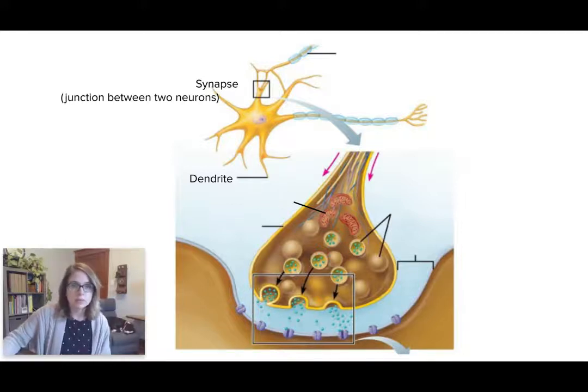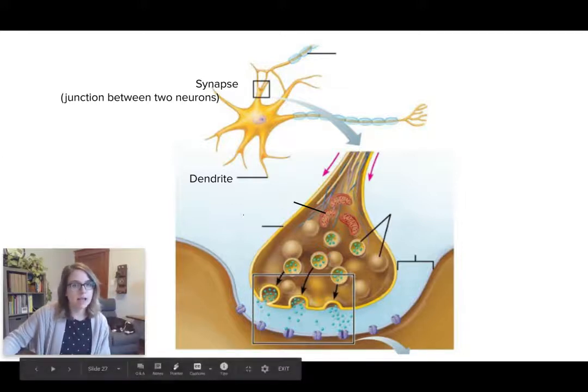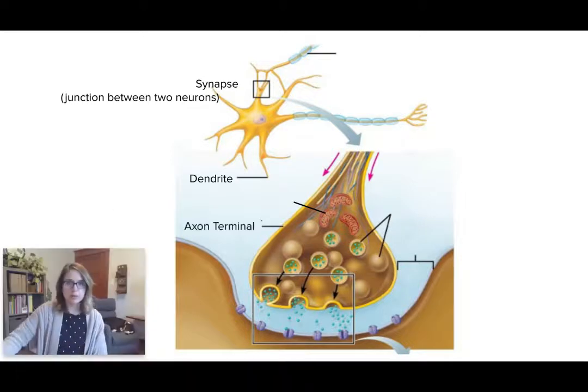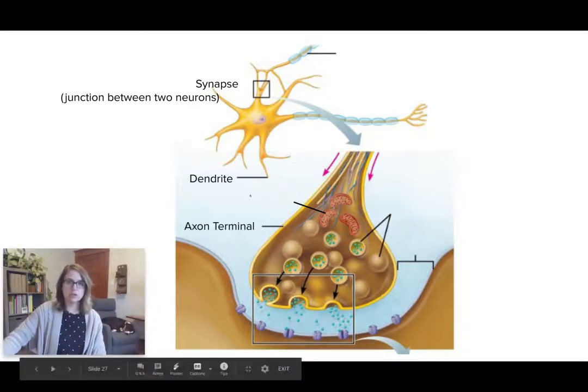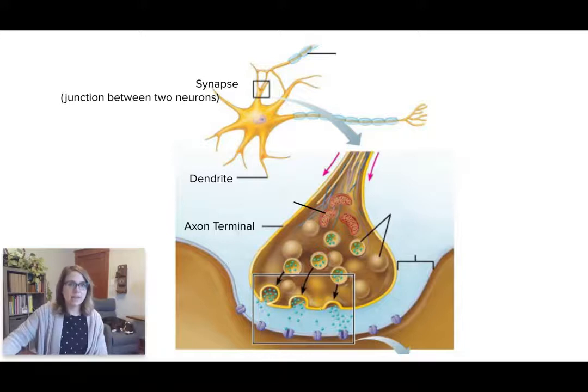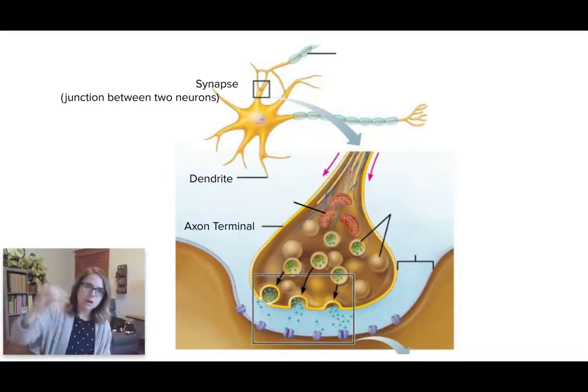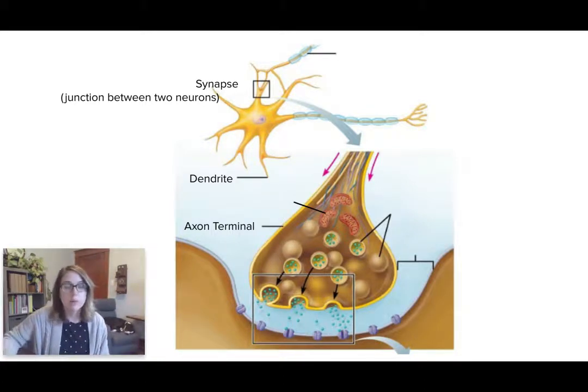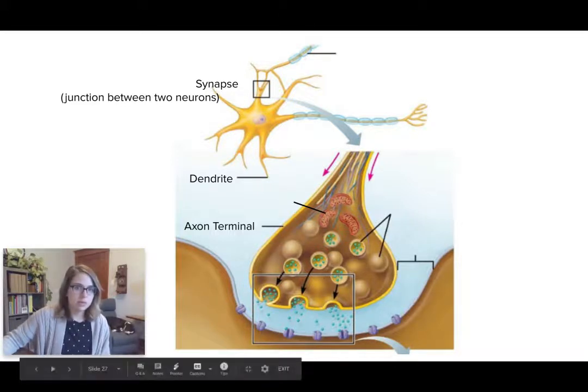This picture is showing an axon terminal, referring to this whole end, which almost looks like a foot, sort of stepping on or connecting into the next neuron, the postsynaptic neuron. So again, presynaptic neuron, postsynaptic neuron.